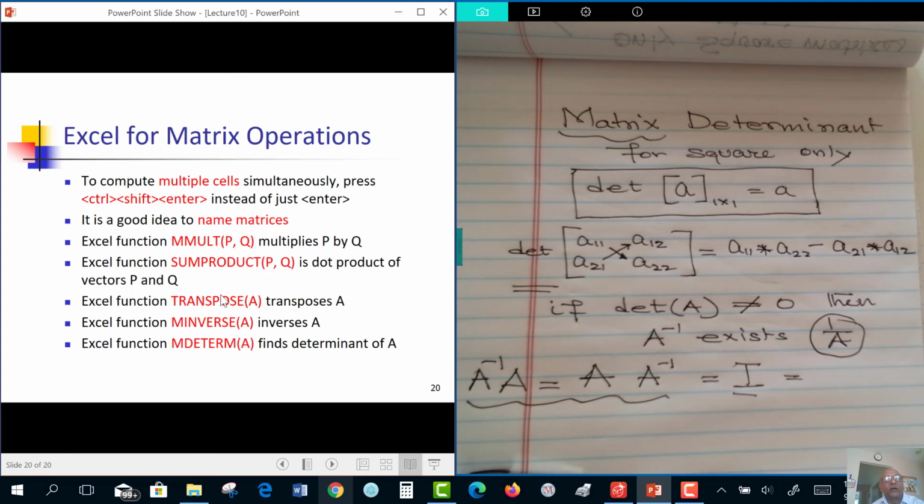We just learned about transpose. There is an Excel function for that. We are going to learn much more about inverse in our next lecture, but there is an inverse function. And then finally, we just talked about determinant. There is a matrix determinant function which finds the determinant of A.